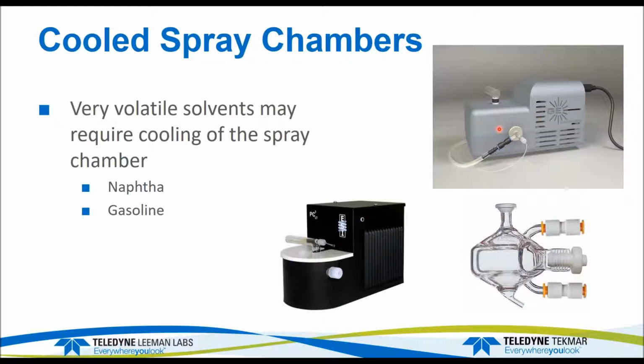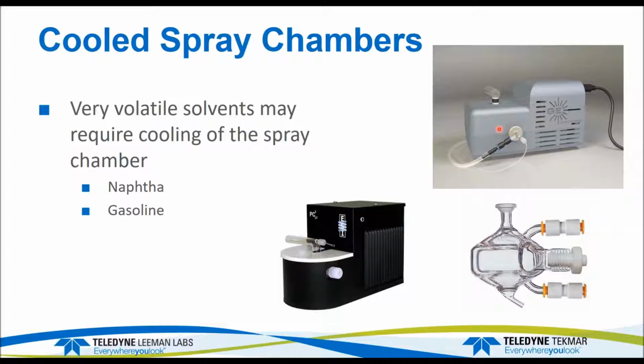Okay. There are other types of spray chambers available. These also use cyclonics inside, but these are chilled spray chambers, thermoelectric Peltier chilling on them. There's two different types shown there from various vendors. The one up in the upper right is from Glass Expansion. The one below it to the left is from ESI.